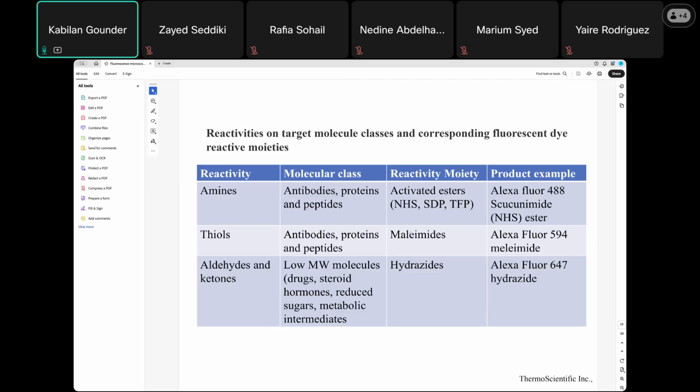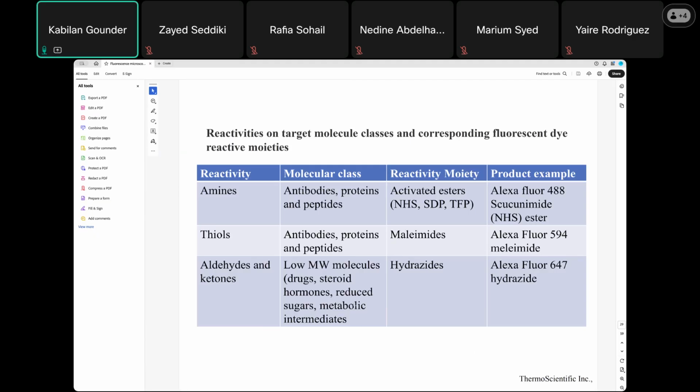Also, what are all the dyes we can use for this kind of study is Alexa Fluor succinimidyl ester. Also, for thiol reactivity site, you can use the Alexa Fluor 594 maleimide, that also you can conjugate with the antibodies, proteins, and peptides.